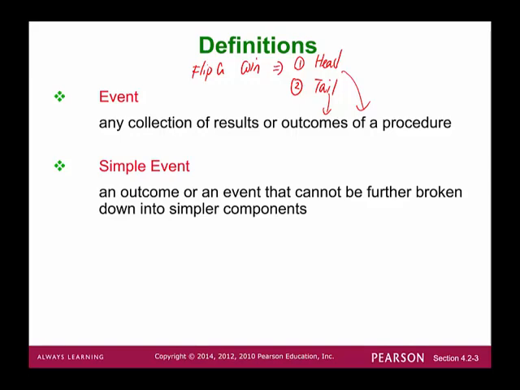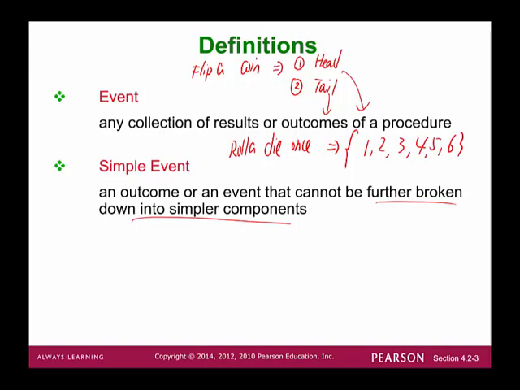And a simple event is an outcome of the event that cannot be further broken down into simpler components. For example, let's say you roll the dice once, so you get all these different numbers: 1, 2, 3, 4, 5, 6. Getting any one of these numbers is a simple event.